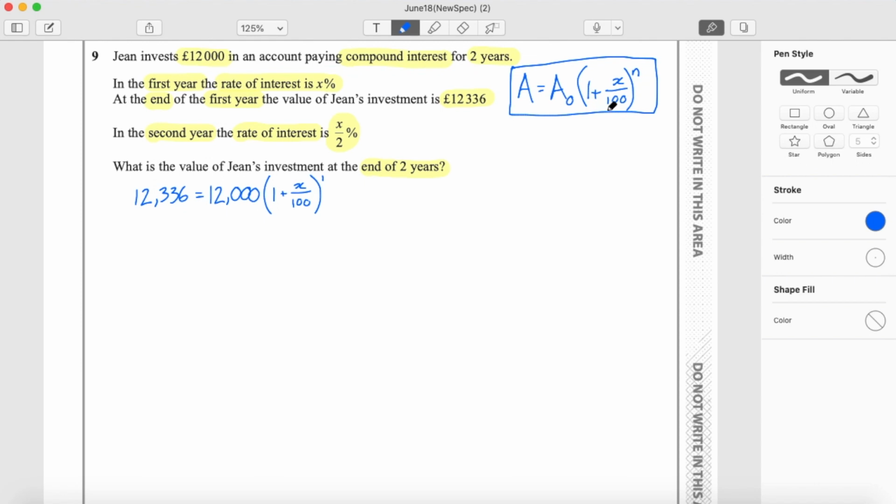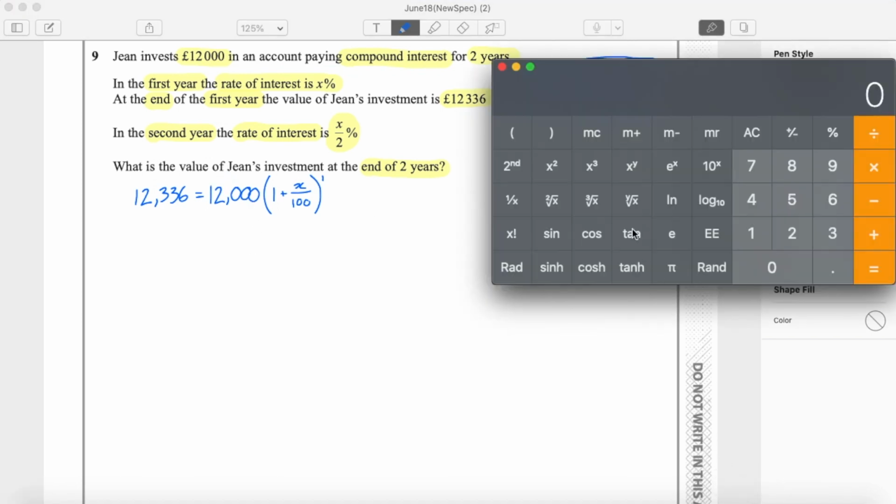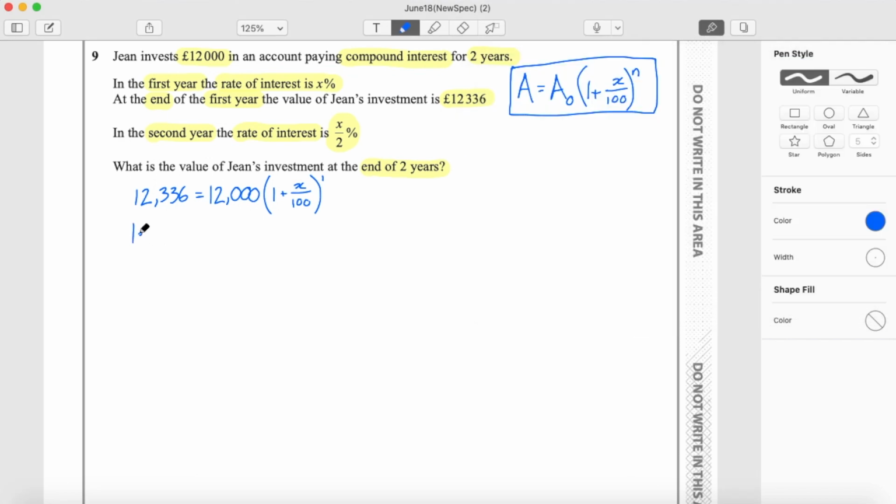So we've used our formula and we have just one variable here, which is X, so we can solve for X. I'm going to divide by 12,000 both sides. So 12,336 divided by 12,000 gives us 1.028. And then on the right hand side we just have these brackets.